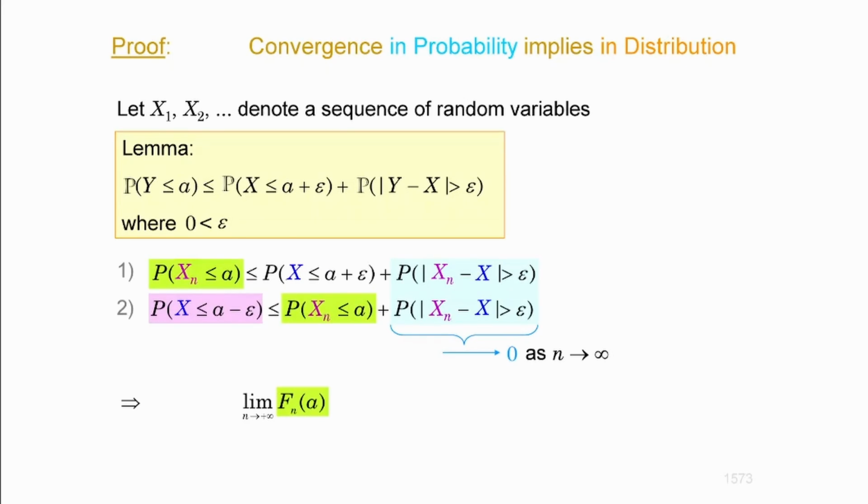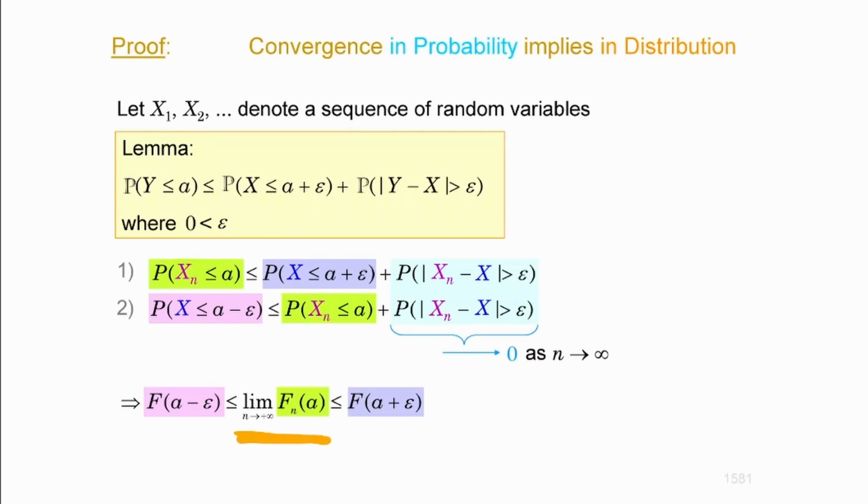And this is the lower endpoint that's coming here. This is the cumulative distribution function of the limiting random variable at point a minus epsilon. And the other is going to be the cumulative distribution function of the limiting random variable at point a plus epsilon, the other end. So as you see, the distribution functions of the members are squeezed in between the two.